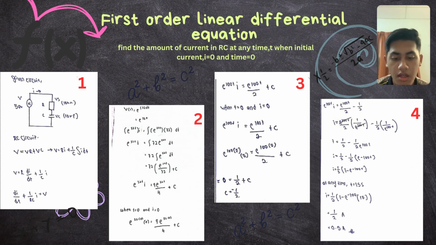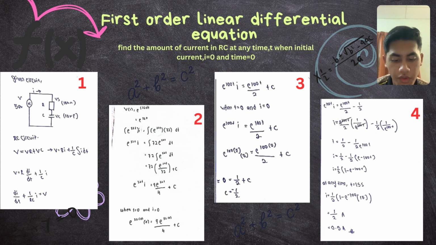Next, e to the power 100t I equals e to the power 100t over 2 minus 1 over 2. Then we differentiate the equation. So after differentiating this equation, we get I equals 1 over 2 in bracket 1 minus e to the power negative 100t.